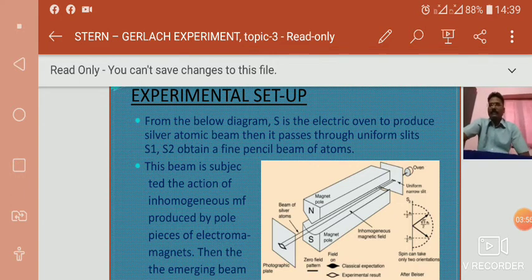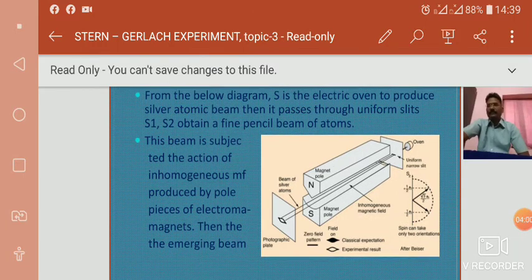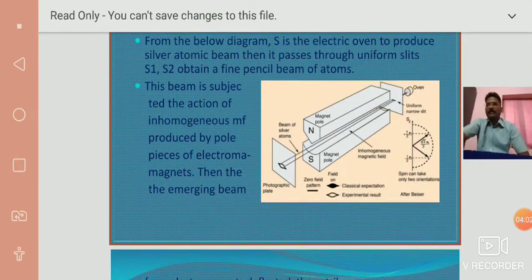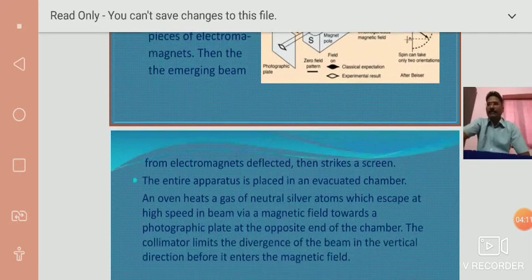This is subjected to the action of an inhomogeneous magnetic field produced by the pole pieces of electromagnets. Then the emerging beam from the electromagnets is deflected and strikes the screen. The entire apparatus is placed in an evacuated chamber.